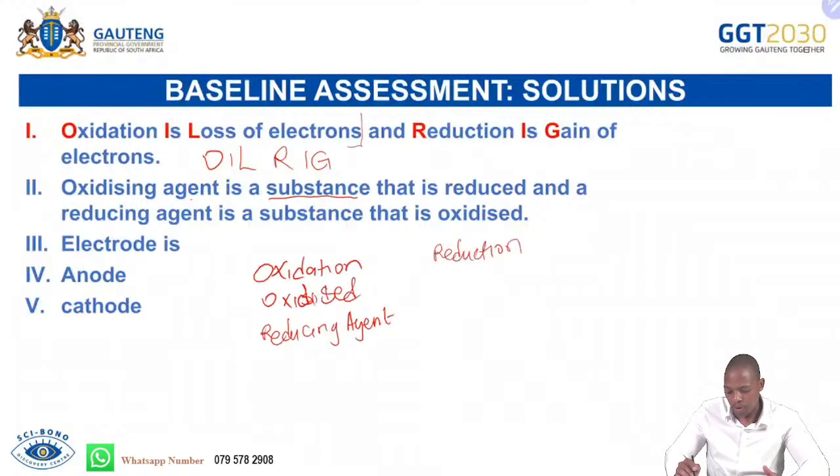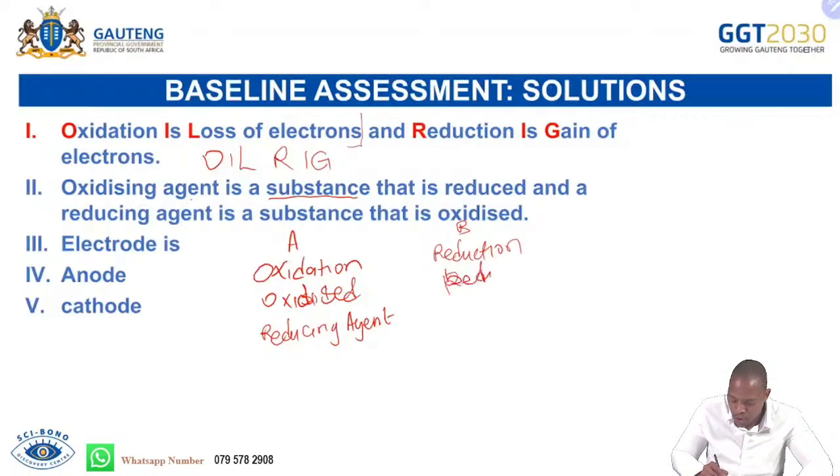That substance that is undergoing reduction, it is undergoing reduction because of substance A. So substance A undergoes oxidation, and then substance A reduces substance B. So substance B is being reduced by what? By substance A. So substance B is an oxidizing agent.